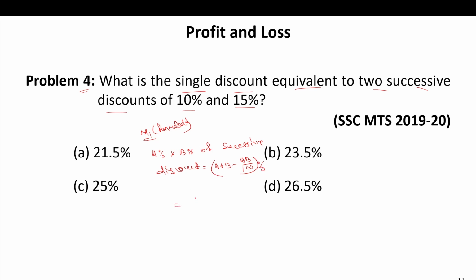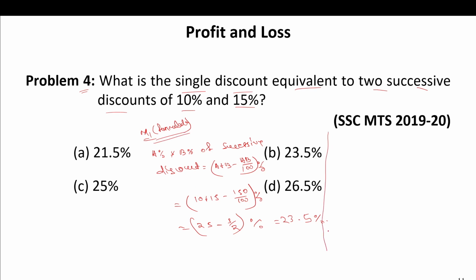So A is 10, B is 15. So 10 plus 15 minus 150 by 100, 25 minus, so it will be what? 3 by 2, right? Percent. So this is equal to 23.5%. Okay. So this is by method 1, that is using the formula.